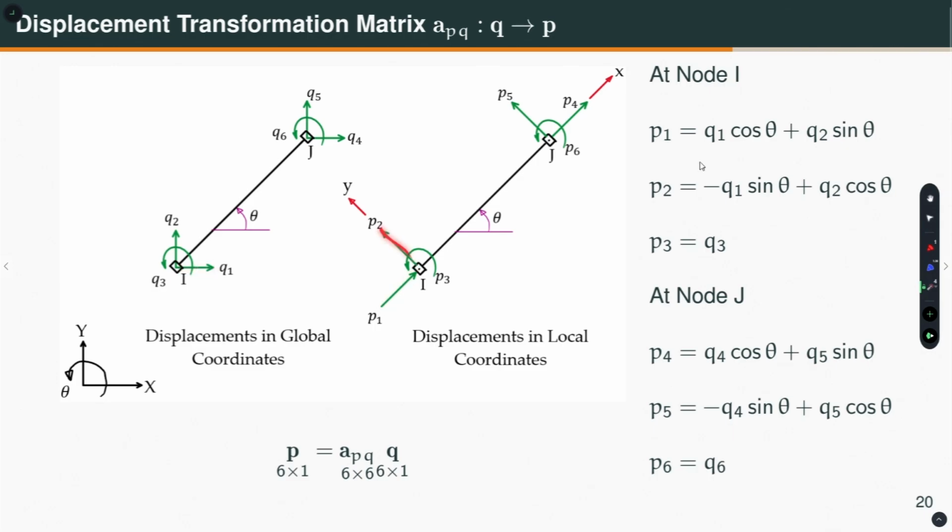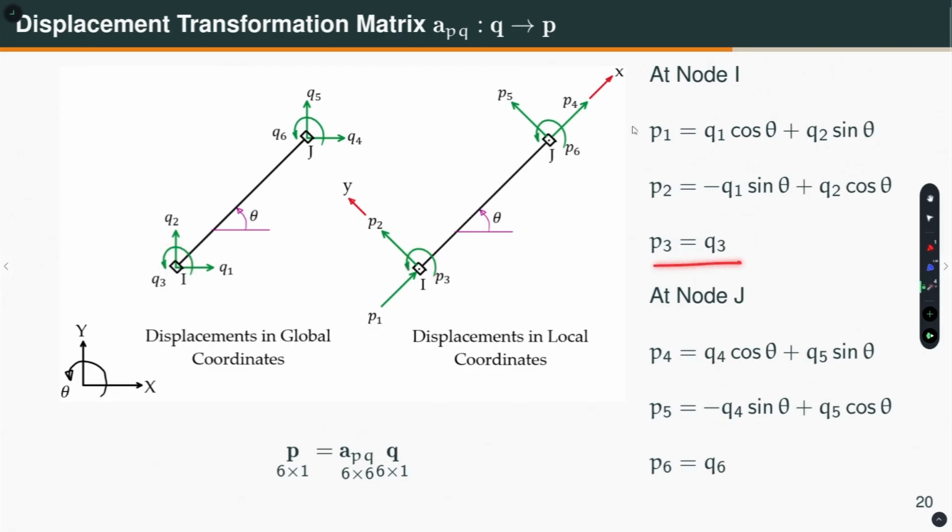So at node I, P1 is equal to Q1 cos theta plus Q2 sin theta. Similarly, P2 is minus Q1 sin theta plus Q2 cos theta. I am just resolving and taking components in the direction of P1 and P2. What about P3? Q3 is the same as P3.